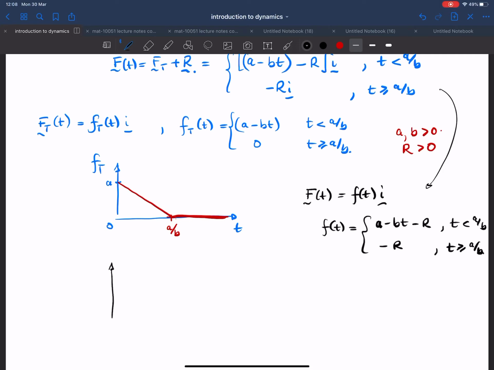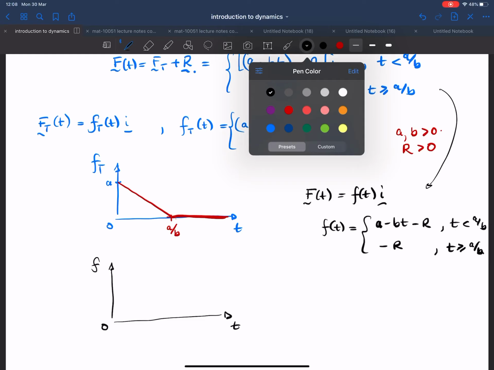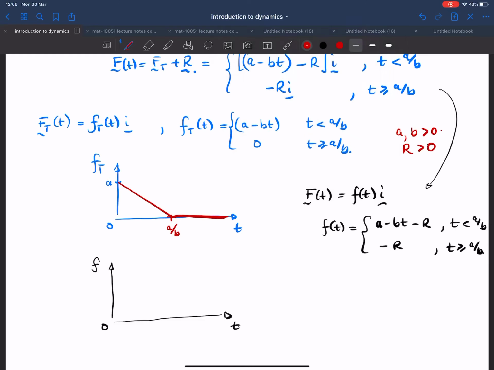So if I draw the graph of our resultant force, this is t, this is F, this is 0. Let me grab the right pen.